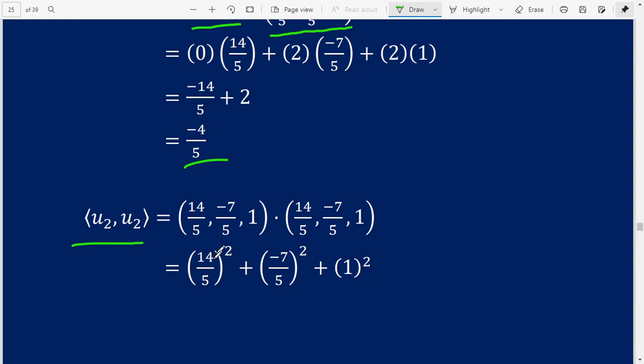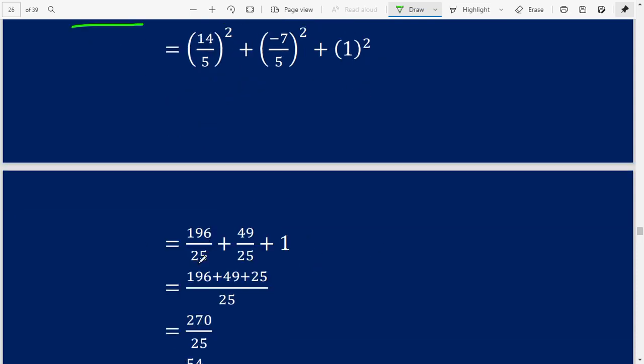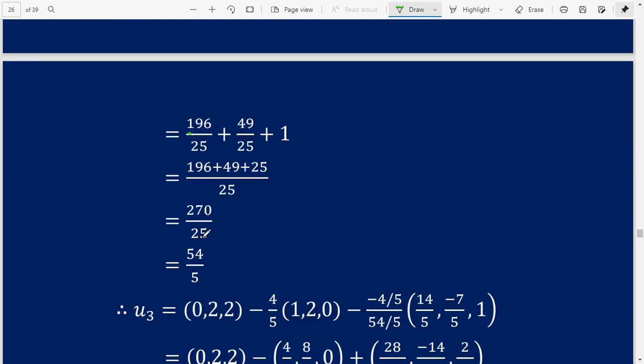So (14 by 5) whole square plus (−7 by 5) whole square plus 1 square is equal to 196 by 25 plus 49 by 25 plus 1, which is 196 plus 49 plus 25 upon 25, equal to 270 upon 25, which is 54 by 5.